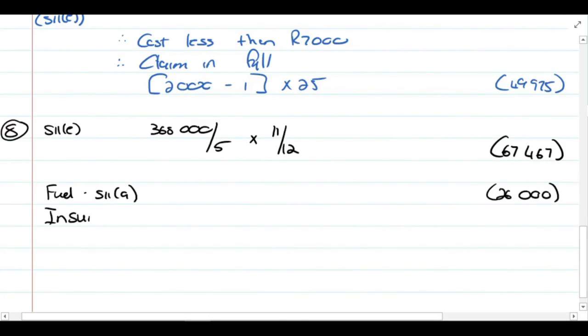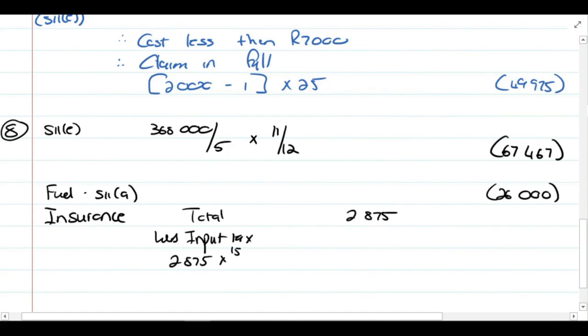Then we have the insurance. There's the total. 2,875 less input tax, which is 2,875 times 15 over 115 times 90%. Okay, so I'm just rounding it up.